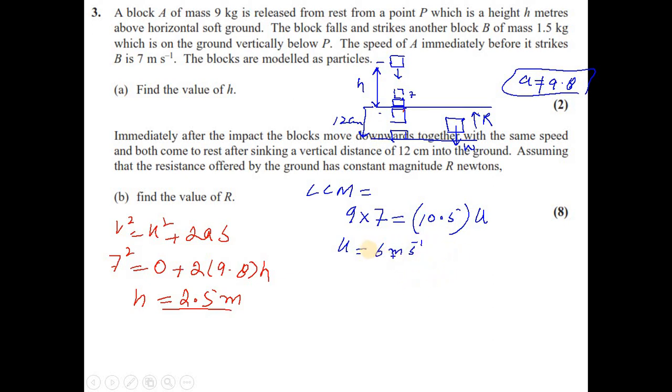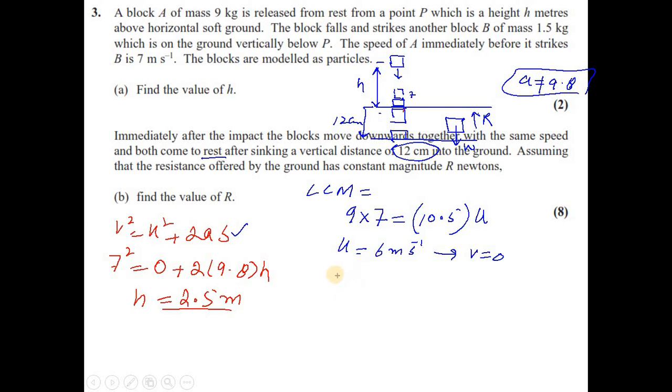Now you can use this fact. The initial velocity is 6, the final velocity is 0, because after covering 12 centimeters they both come to rest, and the travel distance is 12 centimeters. We use the same equation to figure out the acceleration here.